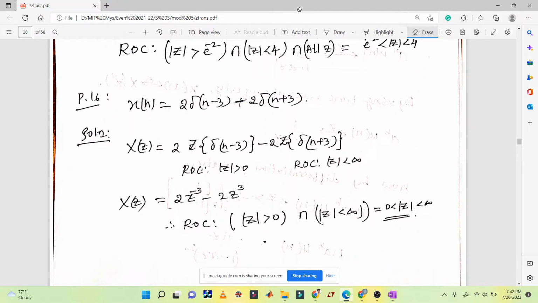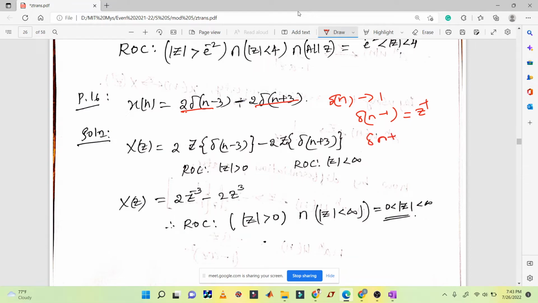Now next is this problem, I am not going to solve it, as I already indicated. This is a very simple problem: 2 delta n minus 3 to delta n plus 3. So n minus 3 z transform, delta n z transform is 1. Delta of n minus 1 z transform is z to the power minus 1.